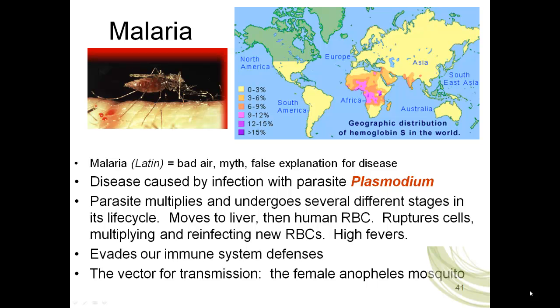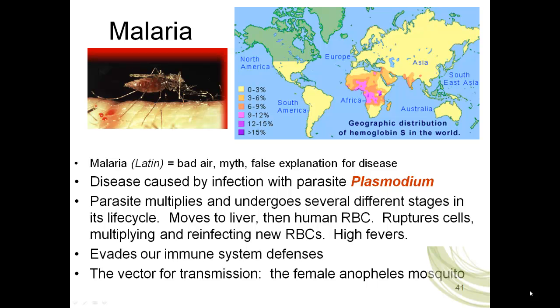It needs to move to the patient's liver to complete some of this, and then to the human red blood cell. And what happens is it causes the cells to rupture, and this can lead to reinfecting of new red blood cells, and this leads to high fevers. So malaria actually means the word bad air, and it was thought that people who got malaria, it was something in the air.